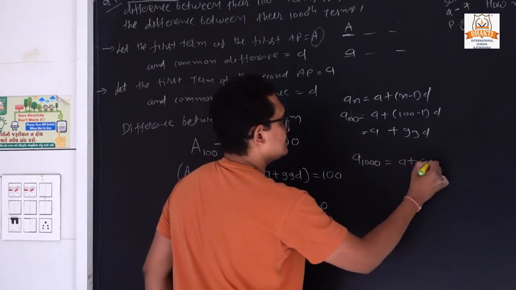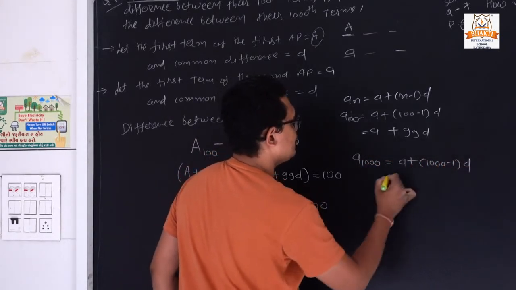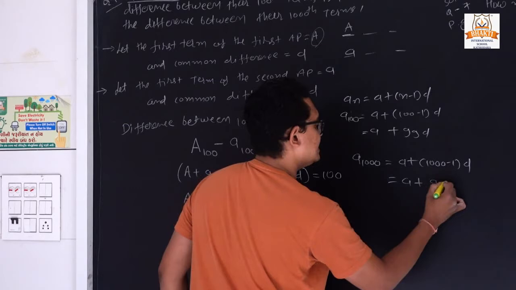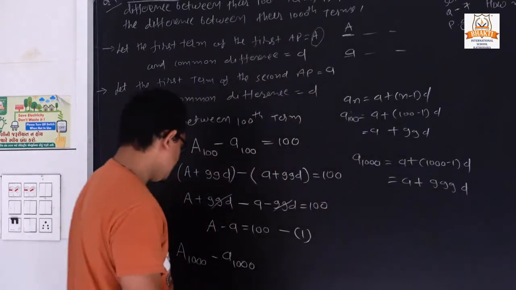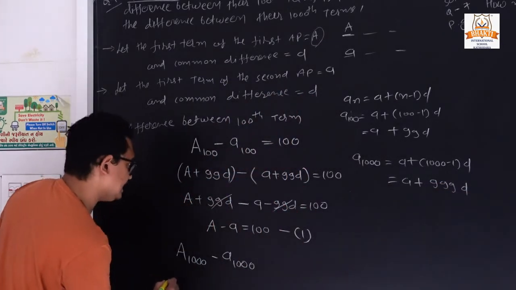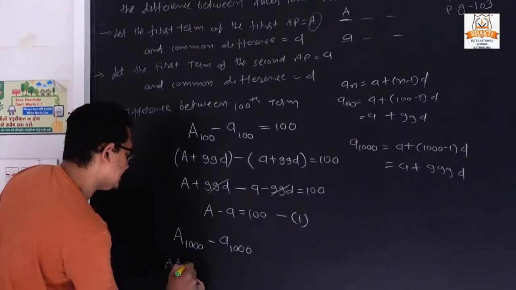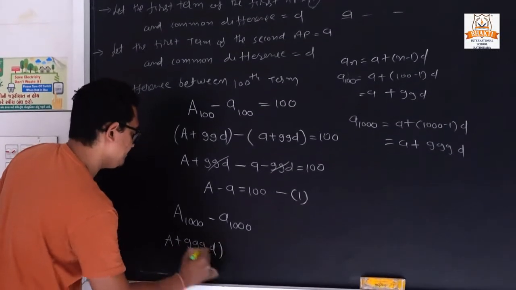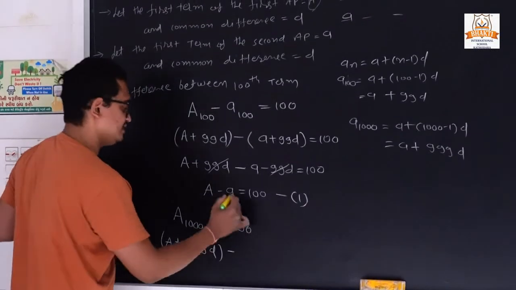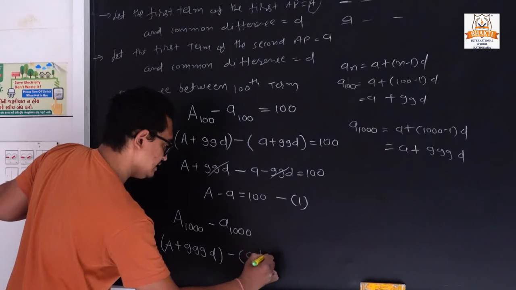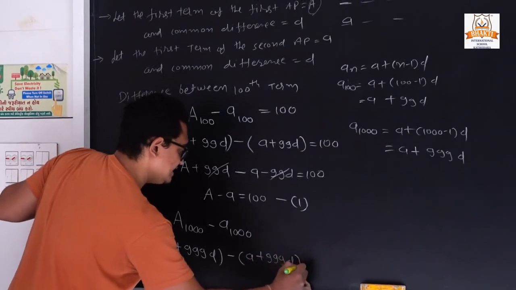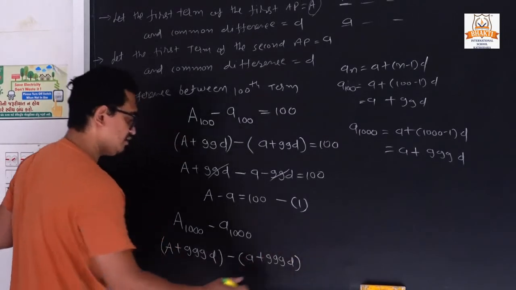So A plus 1000 minus 1 into d, so A plus 999d. So for the first series we can write like that, A plus 999d, and for the second series, small a plus 999d is equal to, we want to find out.